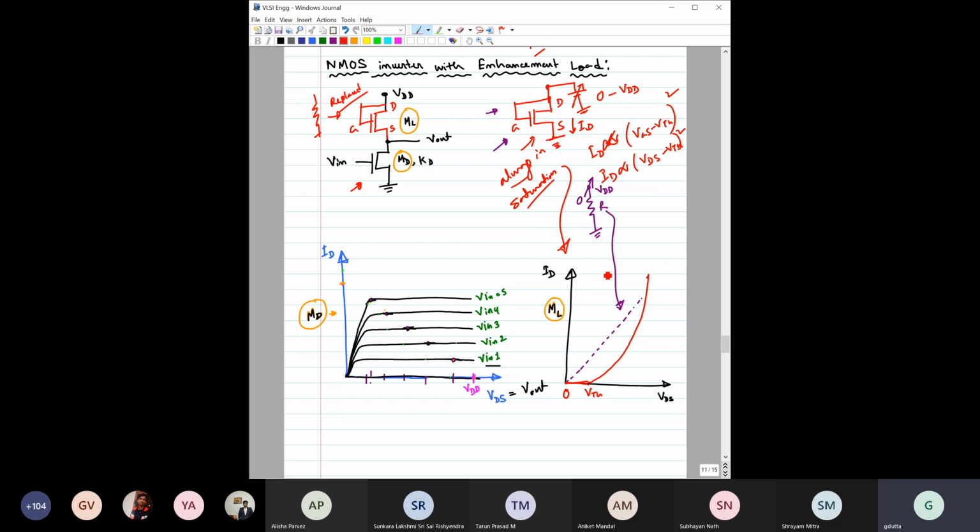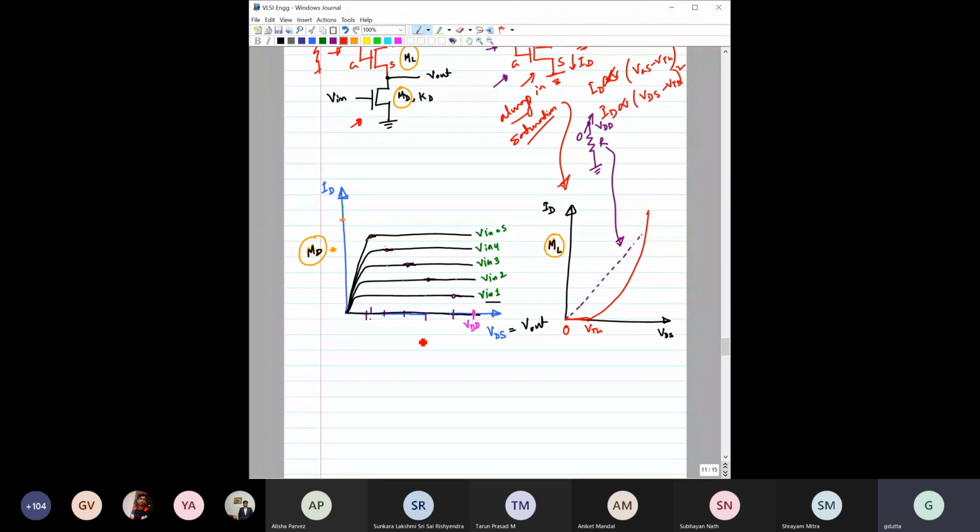Now, if I want to get the VTC, that is Vout versus Vin, we have to plot these characteristics and superimpose them on top of each other. Then we will get the intersection, and from that intersection we can find the Vout versus Vin characteristics. So please think for a minute and tell me how we can superimpose these characteristics.